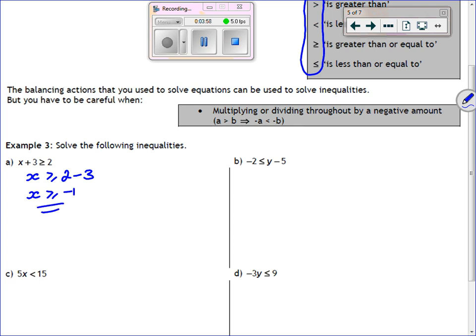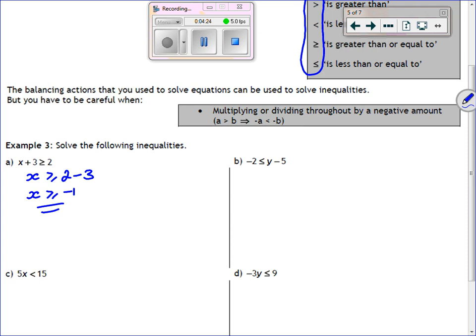And that's it. We solve it in the exact same way that we solve a normal equation, but this time, instead of having an equals, we have one of those 4 symbols, and in this case, it's a greater than or equal to. So what that means is that to make this inequality true, only numbers bigger than or equal to minus 1 allow this inequality to happen.